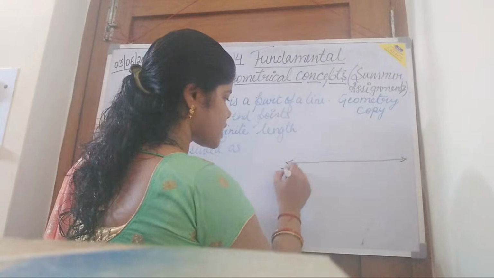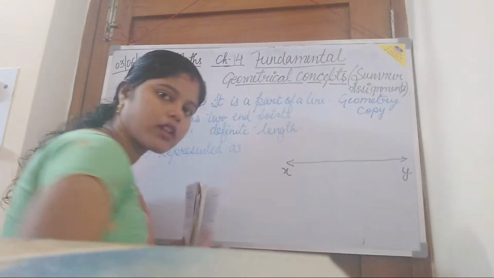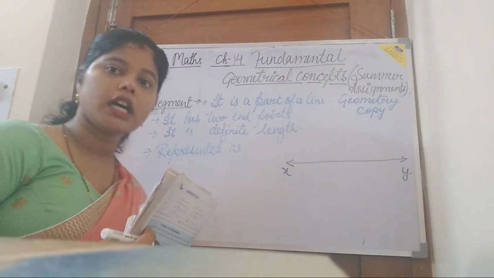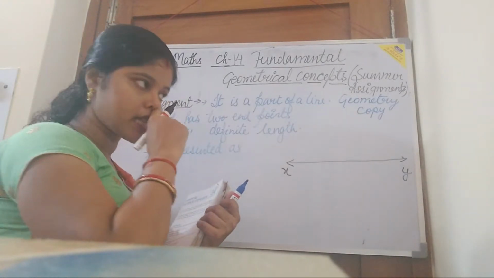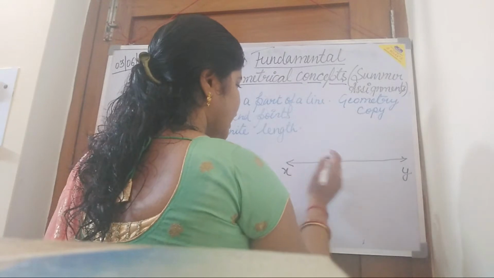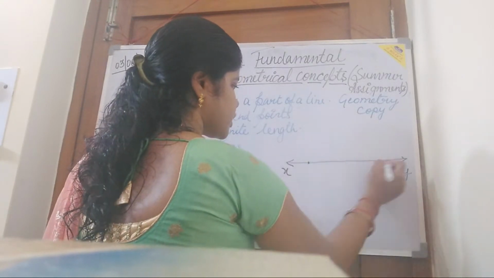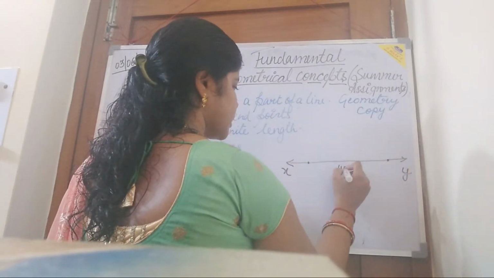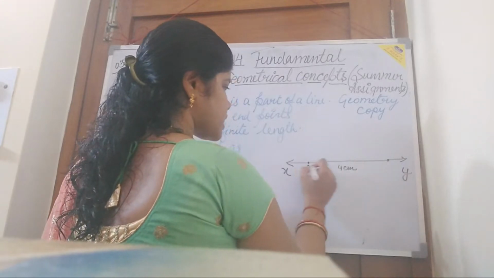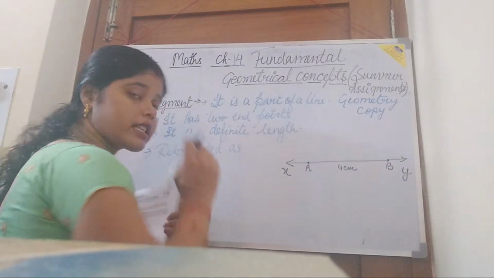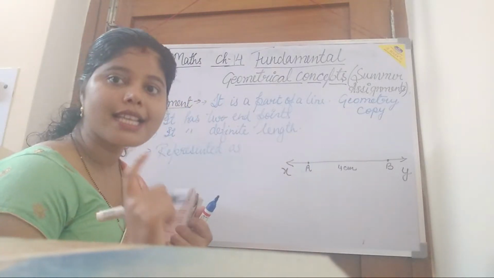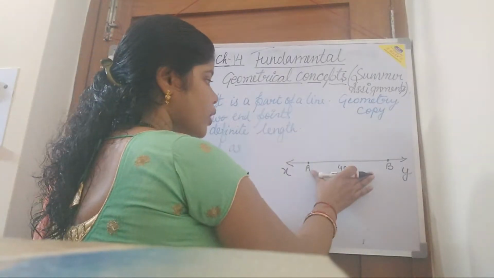This is your line XY, the previous one, which is a collection of definite points. Here, when we fix points on a line so that the measurement from one point to the other is 4 centimeters, and name the points A and B, AB is said to be a line segment, because we take a definite length of 4 centimeters on a line.